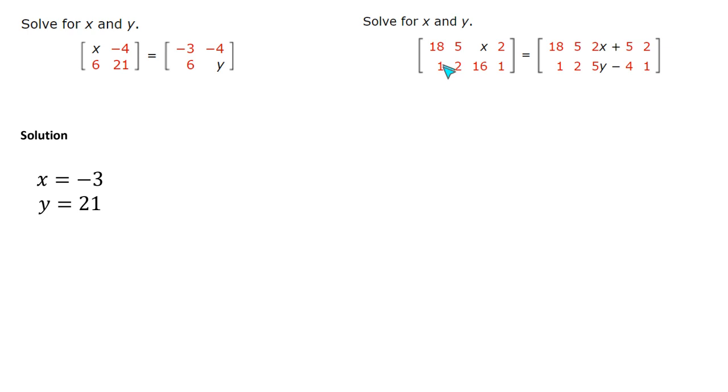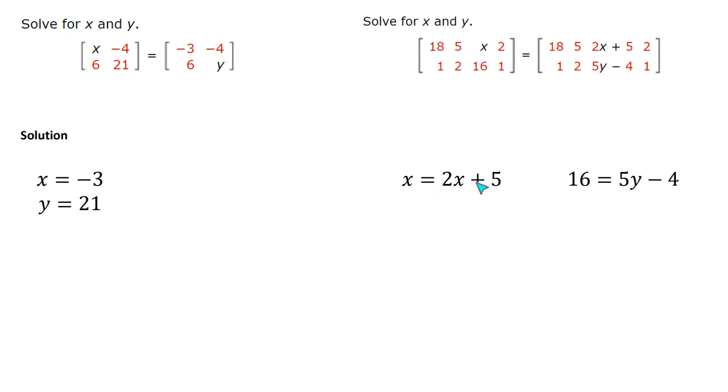Over here, we have 18 and 18, we have a 5 and a 5, and then we have x and 2x plus 5, and then we have our 2 and our 2, 1 and 1, 16 and 5y minus 4, and 1 and 1. So what I can do here for my x, I can say that x is equal to 2x plus 5, and I can say that 16 is equal to 5y minus 4.